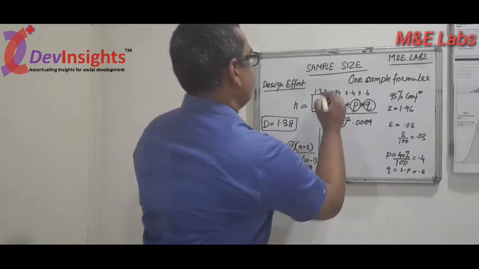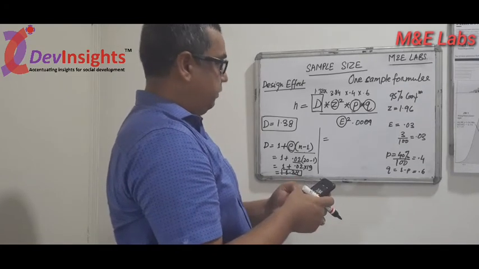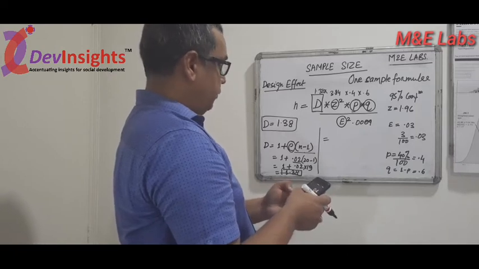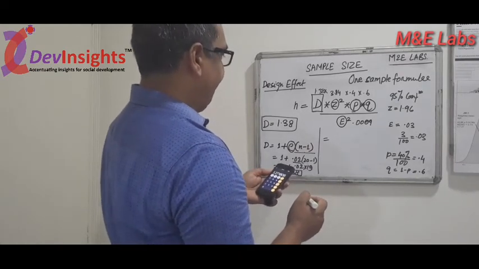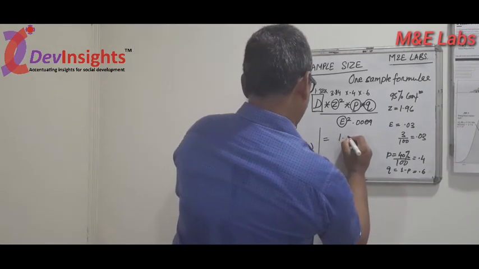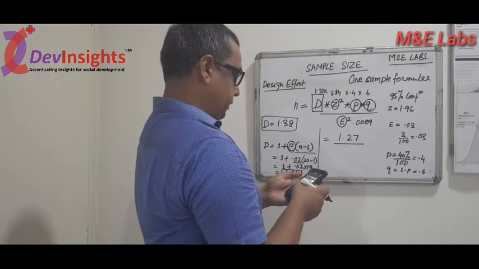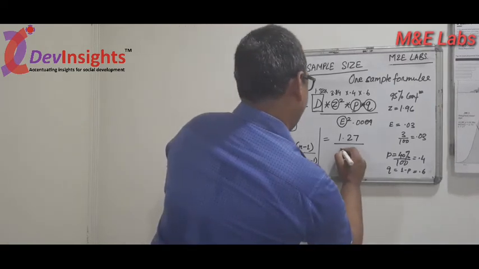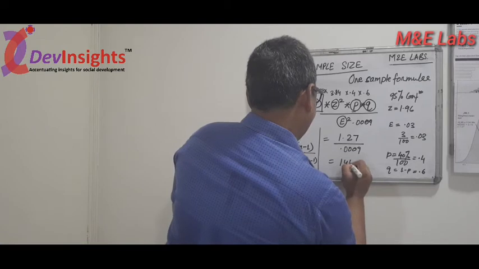1.38 into 3.84 into 0.4 into 0.6. This equals 1.27, divided by 0.0009, is equal to 1430.